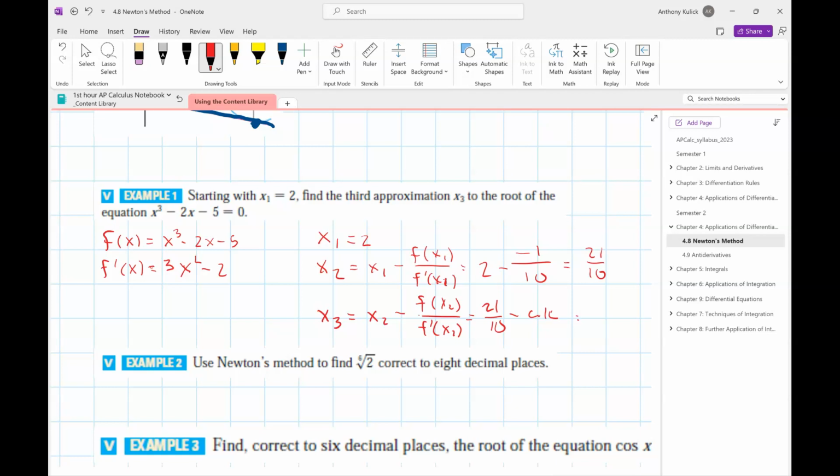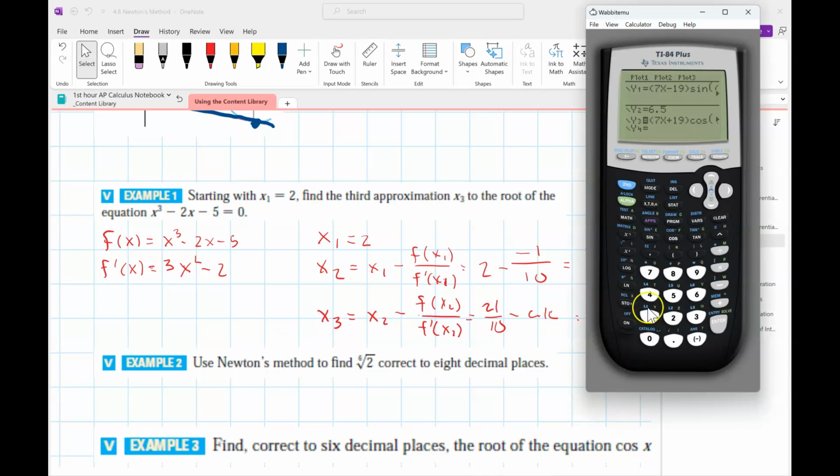Because I'm not about to try to plug 21/10 into the squaring and cubing. Like, get out of here. That's not worth my time. Let's show you guys how to do this on our calculator in a nice, efficient way. So pull out your graphing calculator for me.